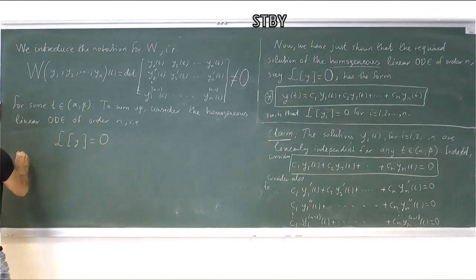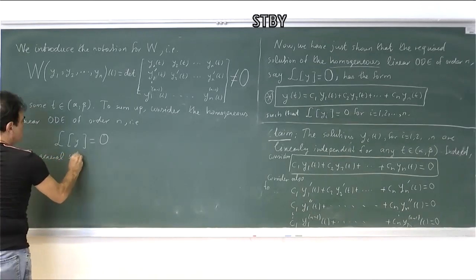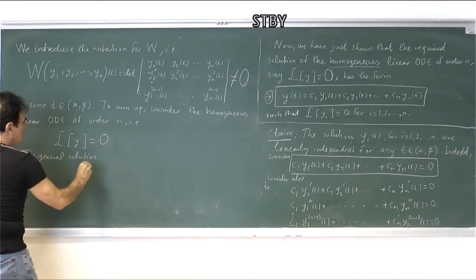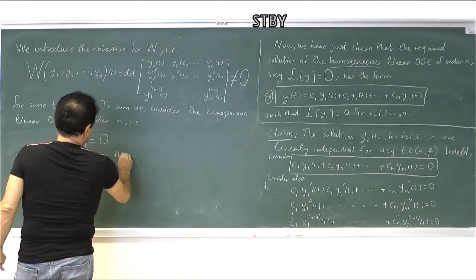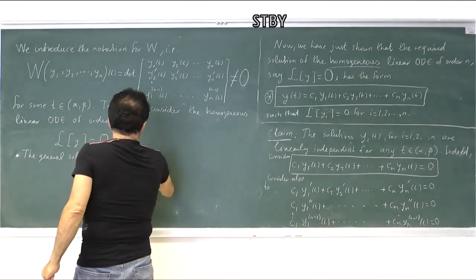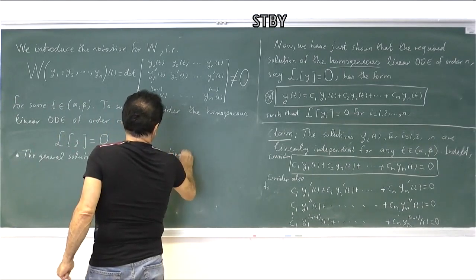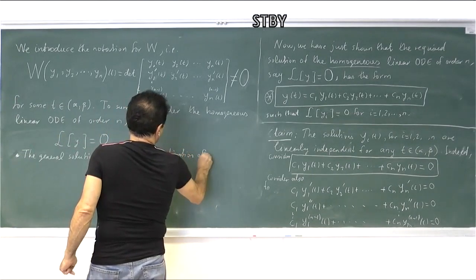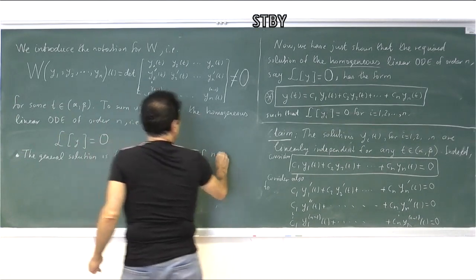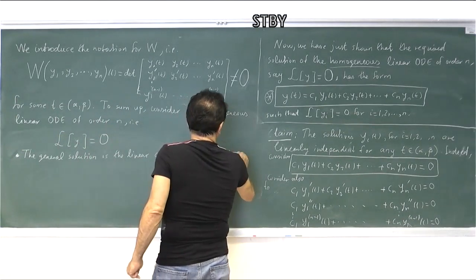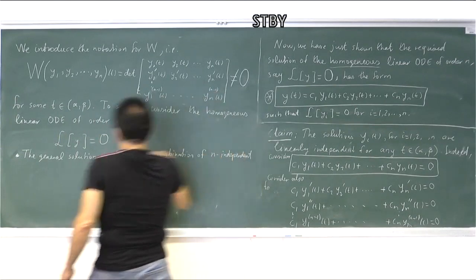Now, we say that the general solution is the linear combination of n independent solutions.